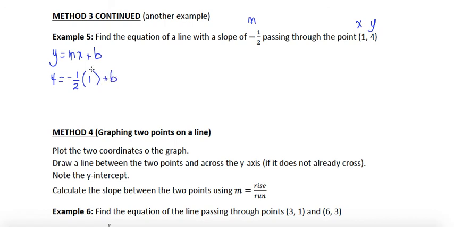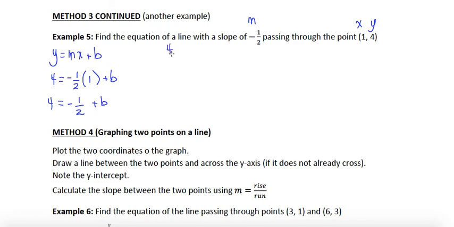So what you want to do is you want to simplify your numbers that you're adding together. So you have 4 is equal to negative 1/2, because negative 1/2 times 1 is still negative 1/2, and then plus b. So now what you want to do is you want to add, because this is a negative number, we want to add 1/2 to both sides.